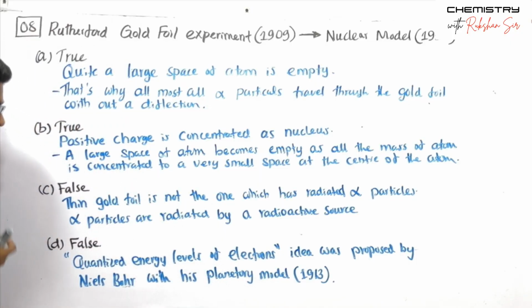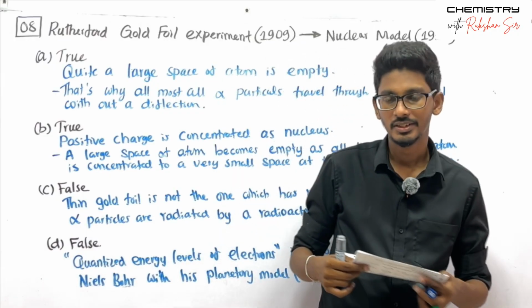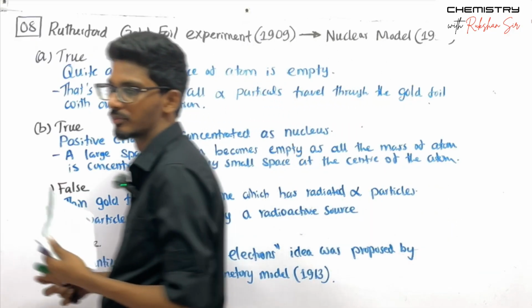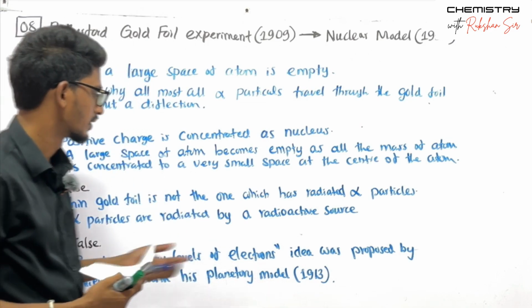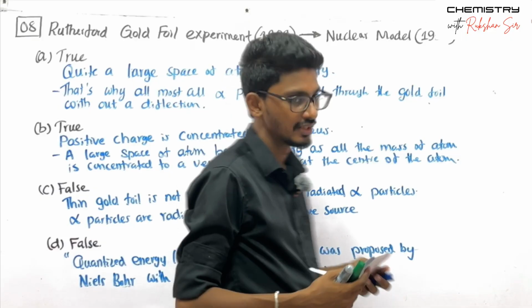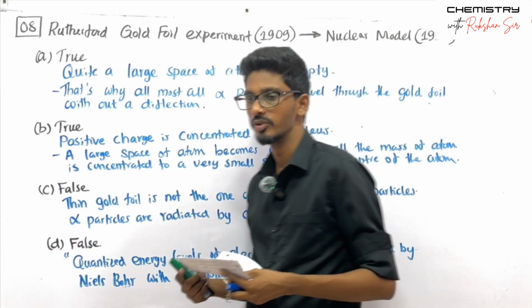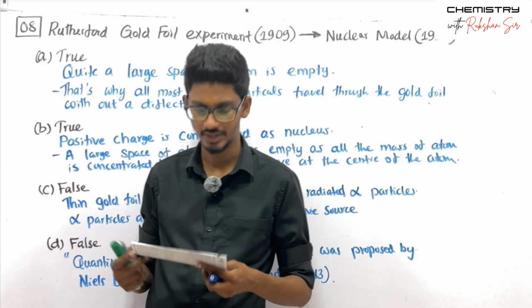So the quantized energy level idea was put forward by Niels Bohr with his planetary model. That is not anything proposed by the gold foil experiment. What the gold foil experiment did was introduce the nucleus to the atom.